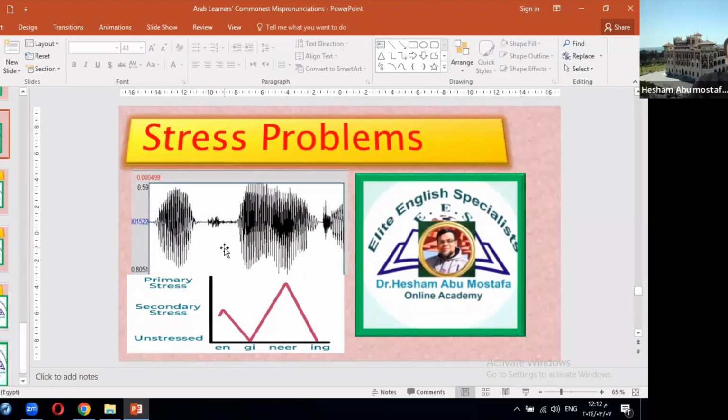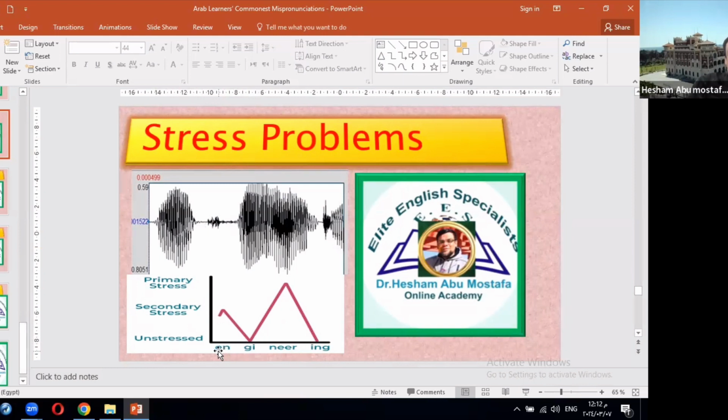Stress problems. In English, we distinguish between primary stress, secondary stress, and unstressed or weakly stressed syllables. Then look here in engineering, engineering. Notice the difference.